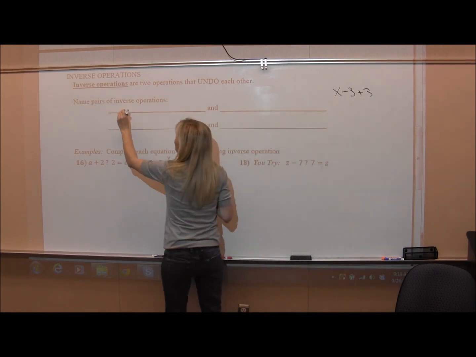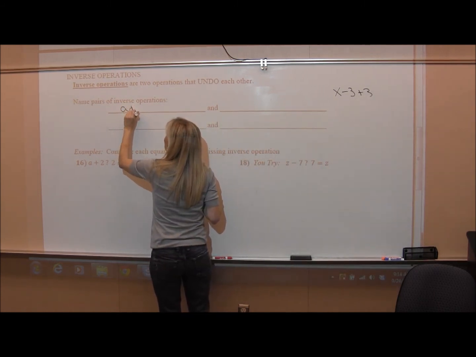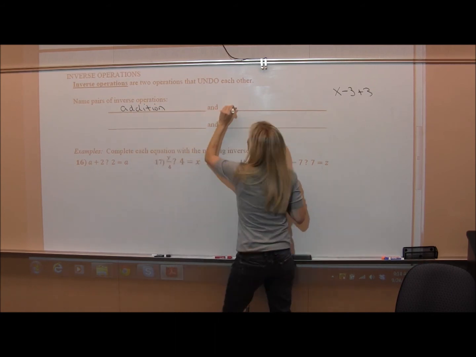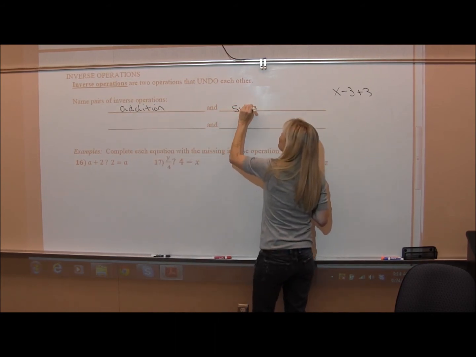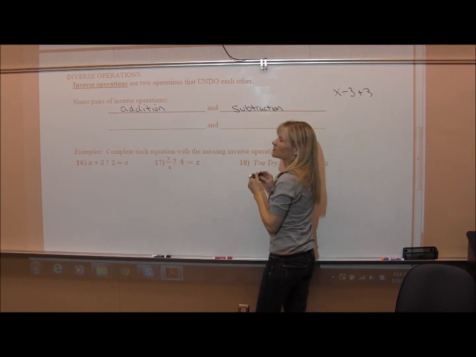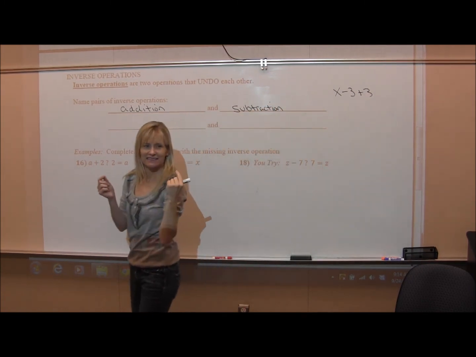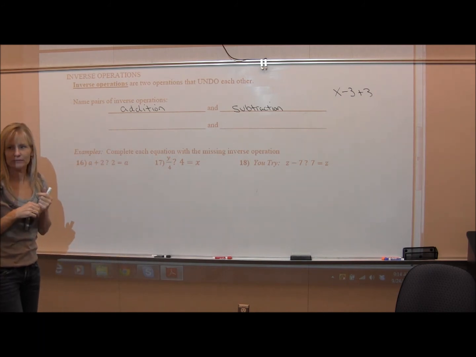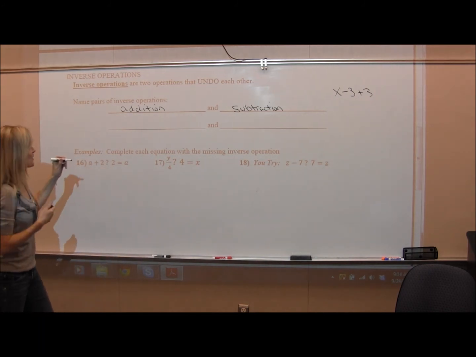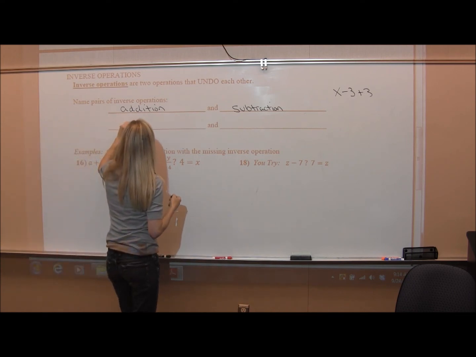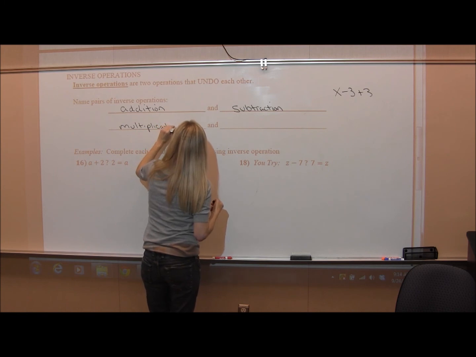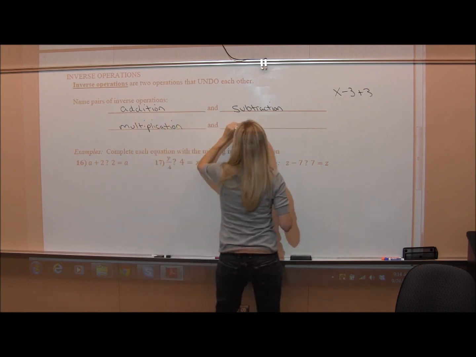So name pairs of inverse operations: addition and subtraction undo each other, right? And what's another pair that undo each other? Yeah. Multiplication and division. That's right, multiplication and division.